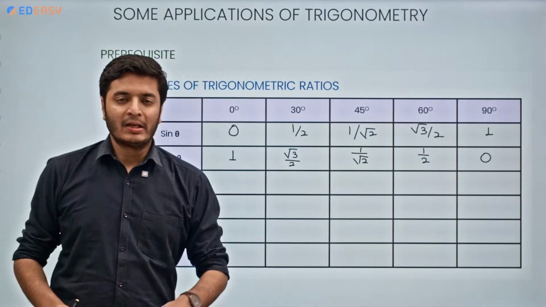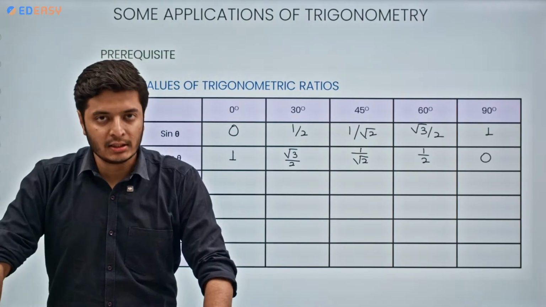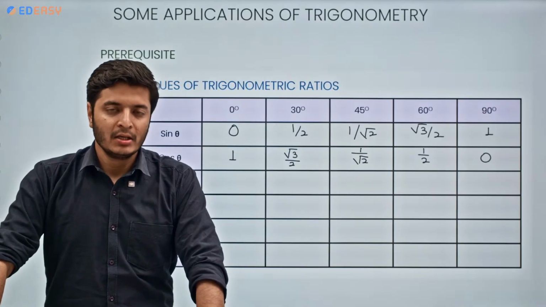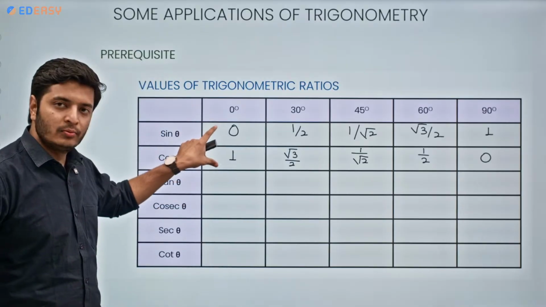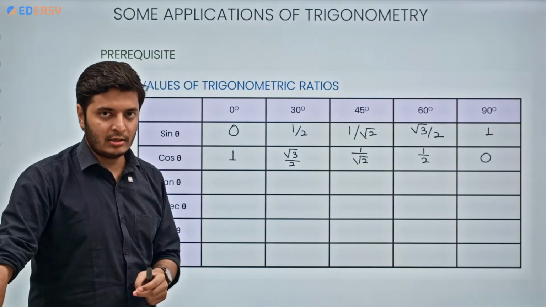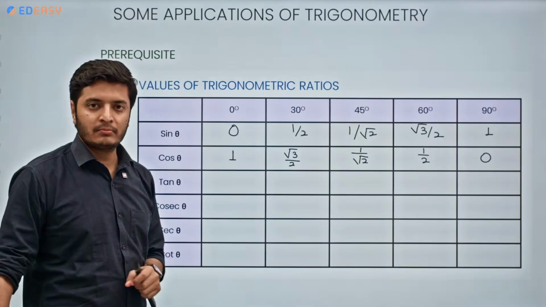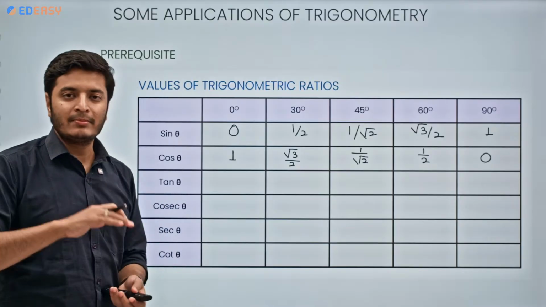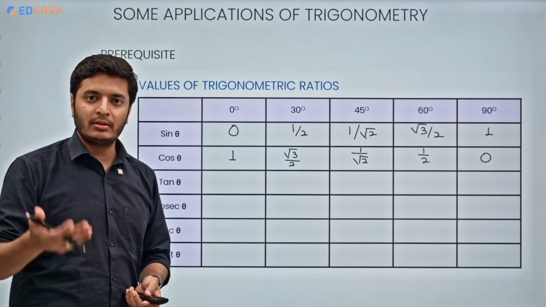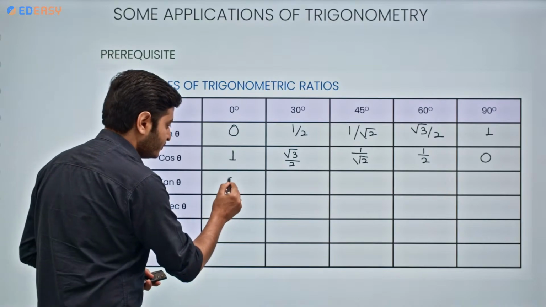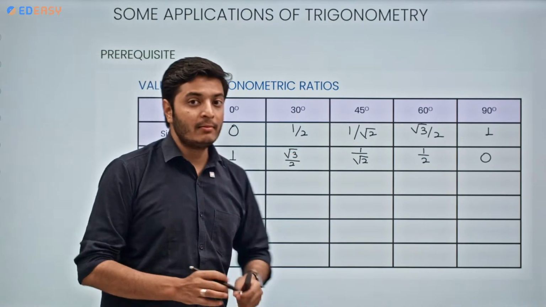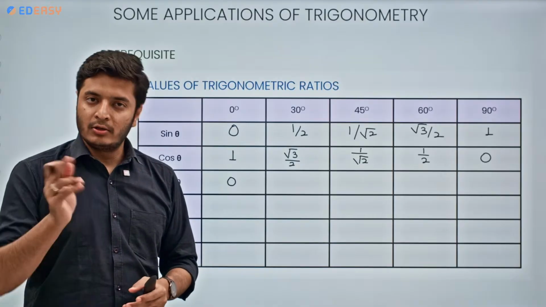For tan theta, it is basically sine theta by cos theta, that we know, correct? So we are gonna divide these two. Sine theta by cos theta is gonna give us the value of tan theta. So 0 by 1, 0 divided by any number will result in 0. 1 by 2 divided by root 3 by 2, 2 and 2 cancel.